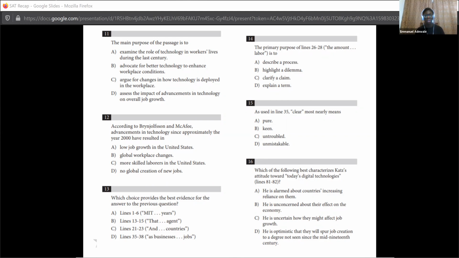Does anybody else have any other answers or any other guesses as to what the choice for this question should be? Well, the correct answer for number 15 is choice D.